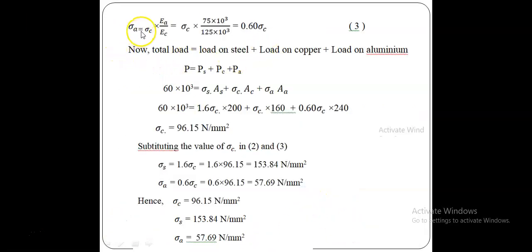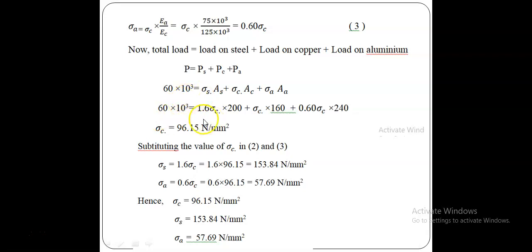Similarly, sigma a can also be written in terms of sigma c, and sigma a is equal to 0.6 sigma c. Now the total load on steel, copper and aluminum is Ps plus Pc plus Pa. We know that Ps equals sigma s into As, that is force equals stress into area. Pc is equal to sigma c into Ac, and Pa equals sigma a into Aa.